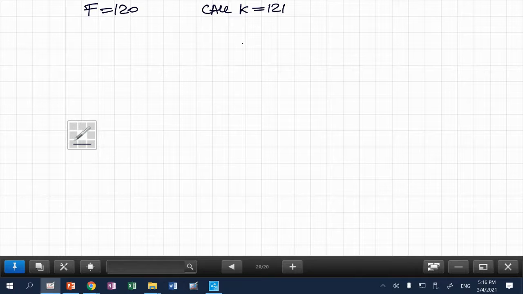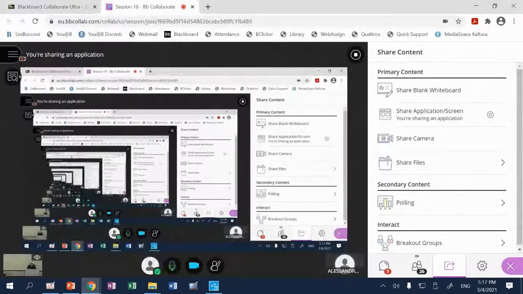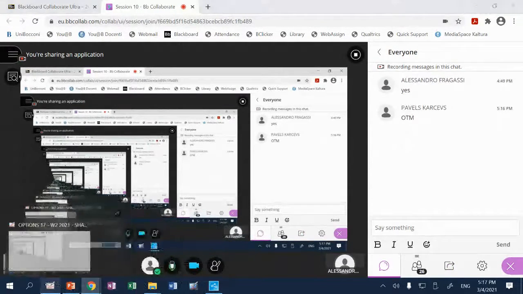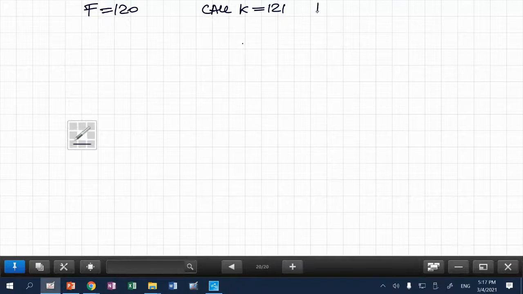No. So it's out of the money. And consequently, the delta is going to be smaller than 0.5. Let's say I have a delta of 0.4, okay? Now, let me add also that I know that the gamma is 0.1, okay?